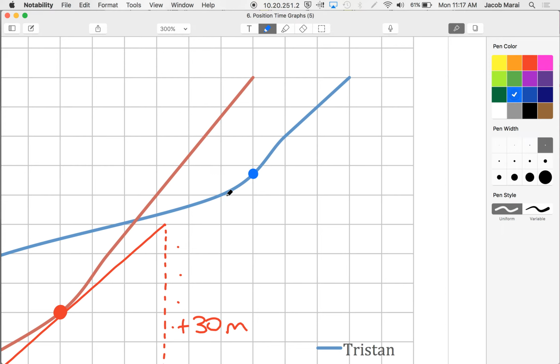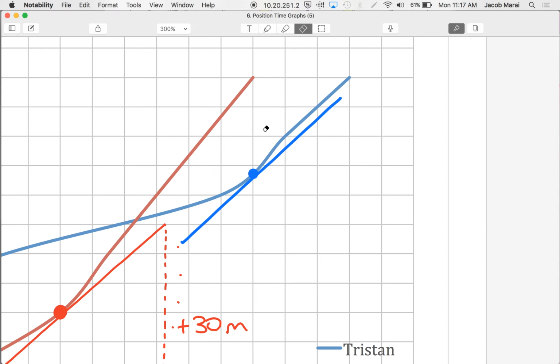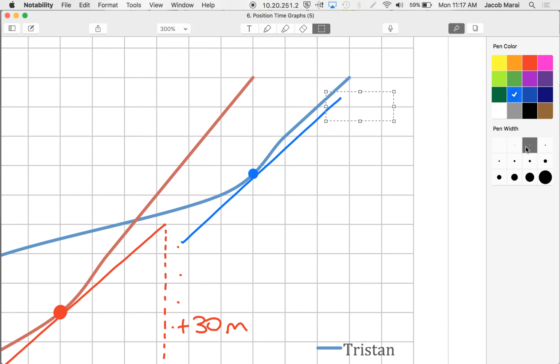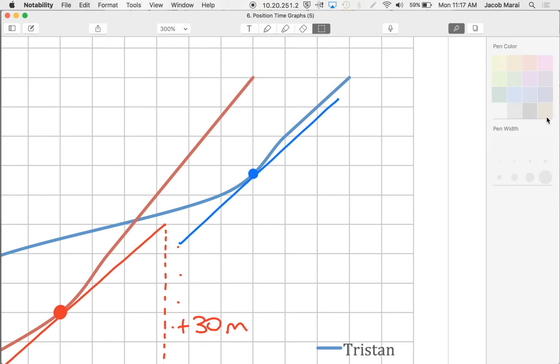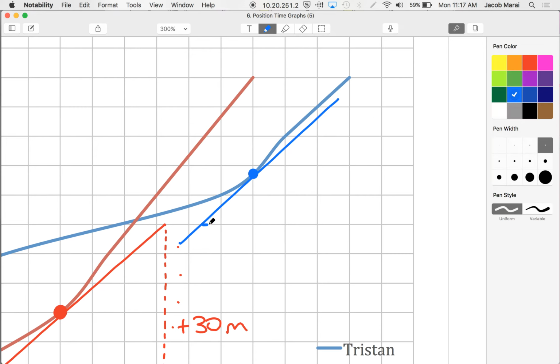Just put your ruler down, try and make it as parallel as possible, and then worry about that later. That doesn't look too bad. Now for this one, there is no nice intersection, but I'm going to go along the horizontal because the horizontals go up in 5s. We can worry about time later. 5, 10, 15, 20.